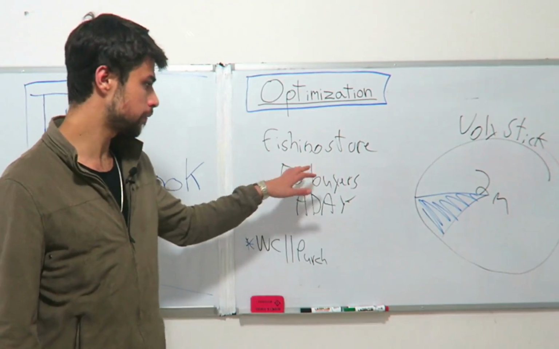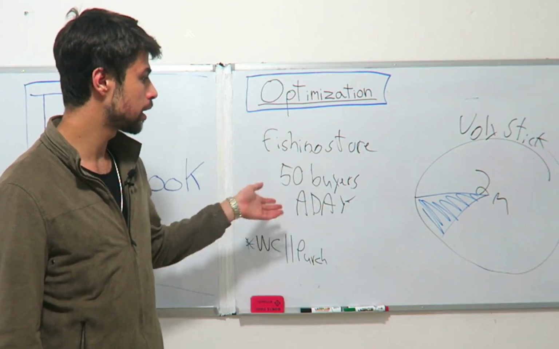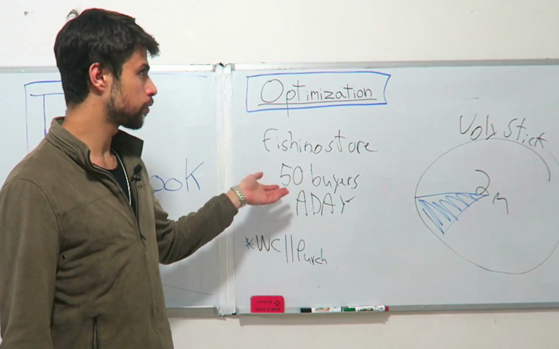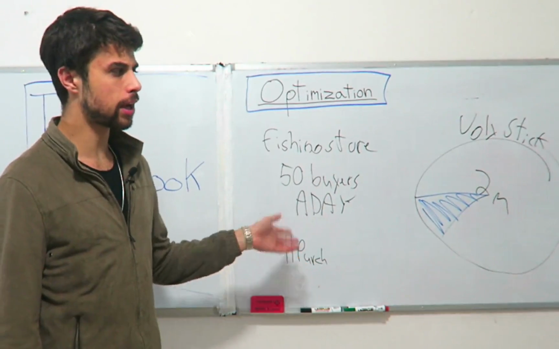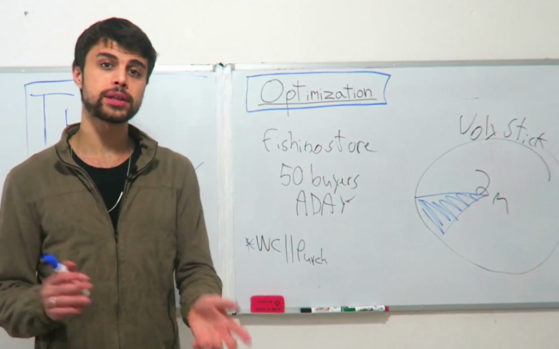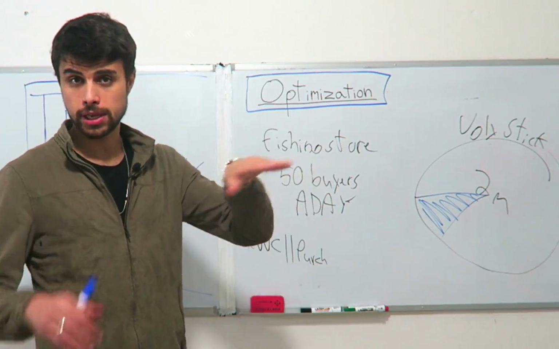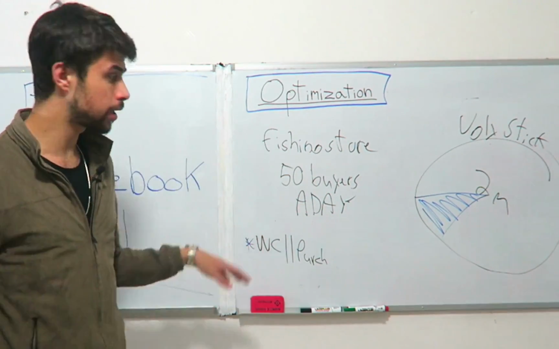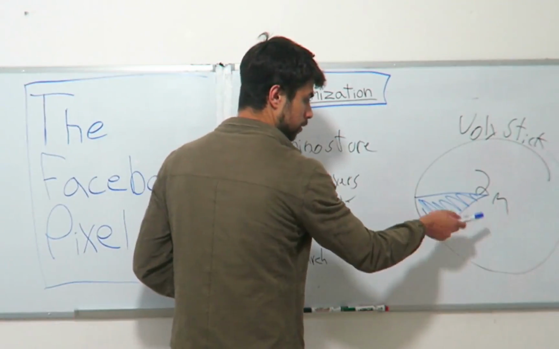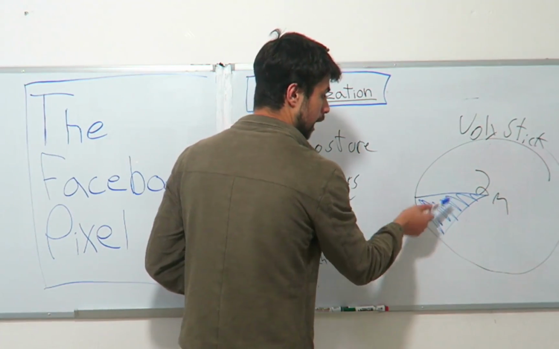It takes all of these 50 buyers a day, let's say in 2 weeks, that's 700 buyers. It looks at these 700 buyers and finds similar patterns, and then it looks for people with the same patterns and shows them the ad.